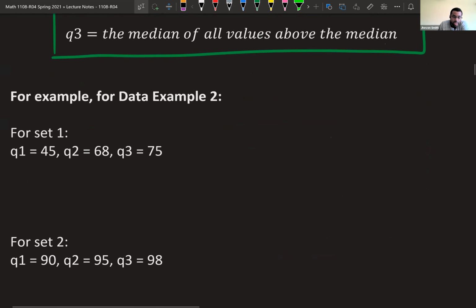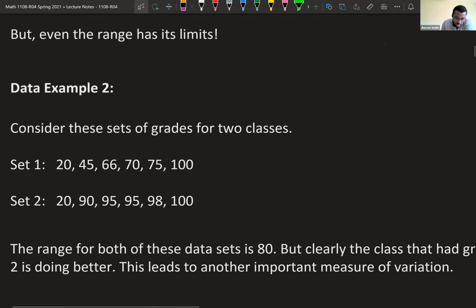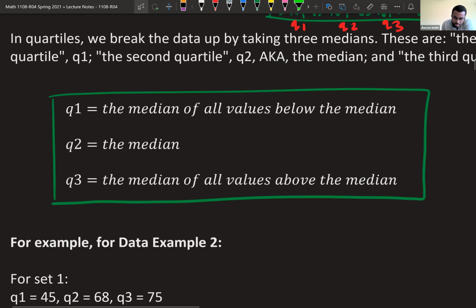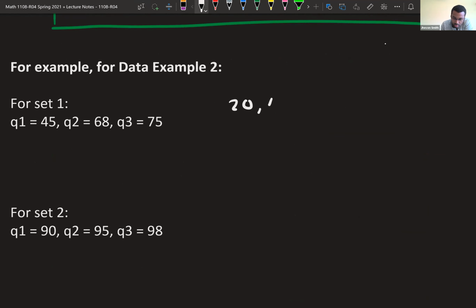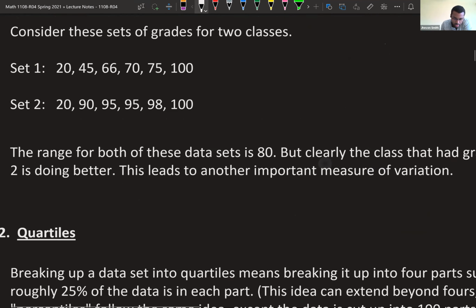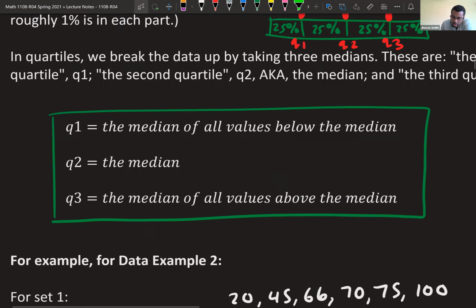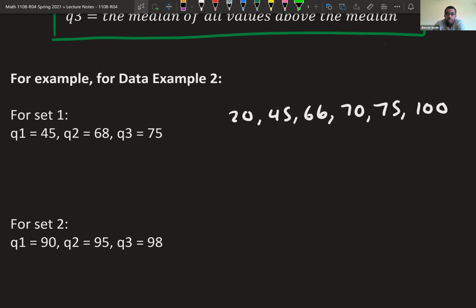So for example, for set 1 of the data, the same data set we had above, maybe I should copy that. This was our data: 20, 45, 66, 70, 75, 100. You want to find the median. That's halfway.